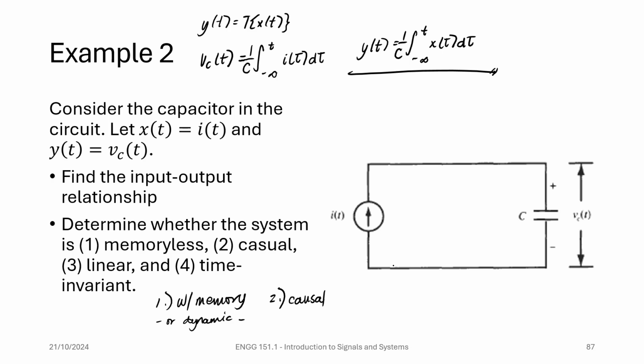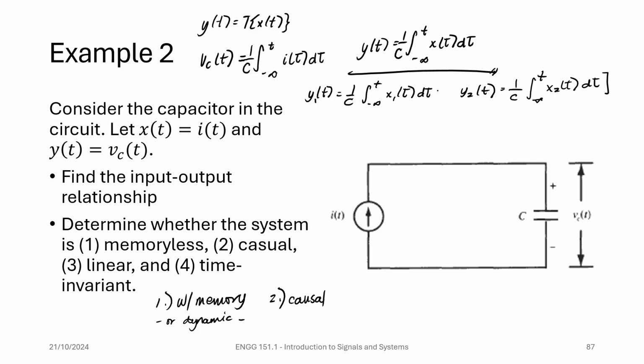Okay, so we're going to have, so dito na lang sa taas, our y of t, I mean this one, no, so palitan lang natin yung ating y with y1. This is equal to 1 over c of x1 of tau d tau, then yung pangalawa, 1 over c integral from negative infinity to t of x2 tau d tau.